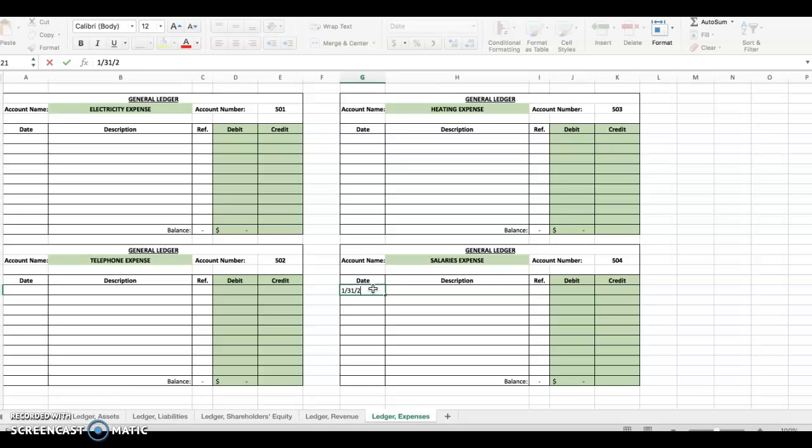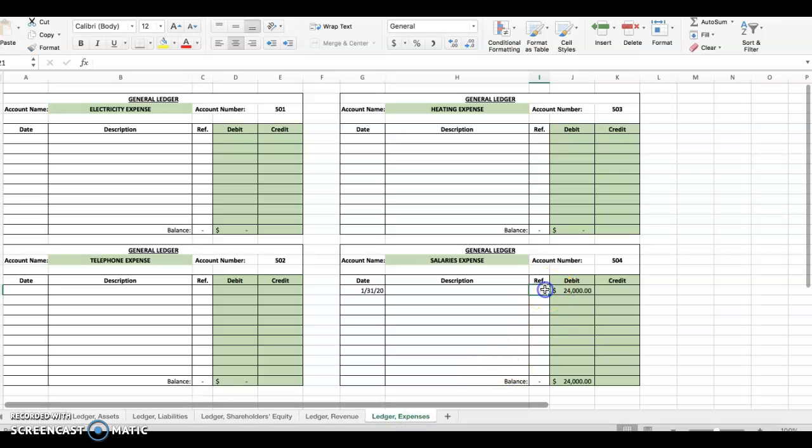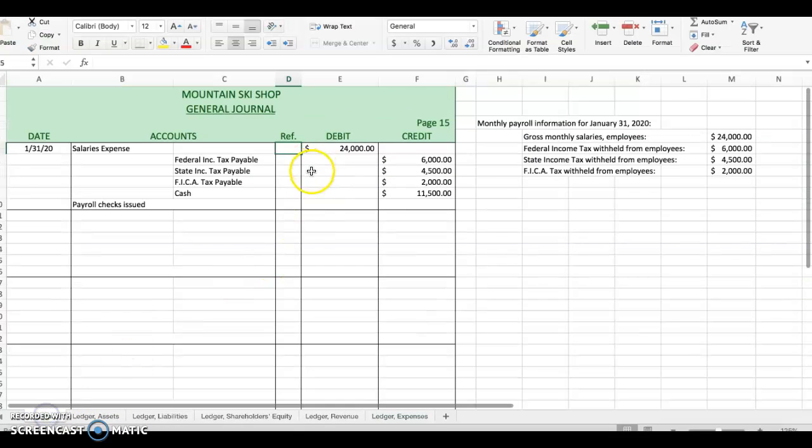I keep forgetting we're using 2020, and we're debiting $24,000. The reference is the page number back in the journal, which is page 15. So it would be J15. The account is 504, and that goes into the journal.